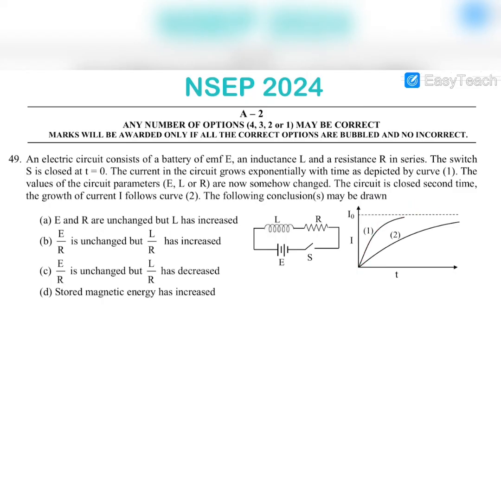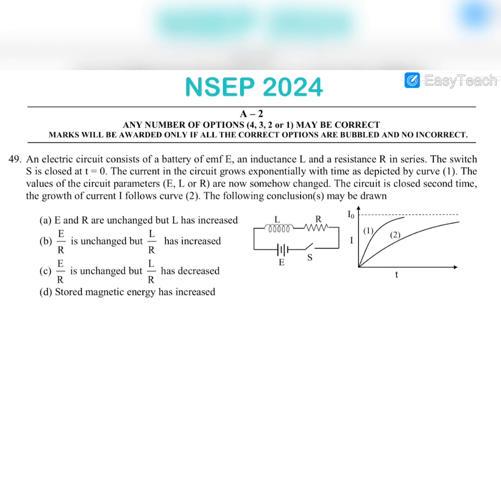Now the values of parameters E, L and R can somehow be changed, and the circuit is closed again for the second time after discharging this inductor, and the second graph is like that. So we have to choose the possible options which can be correct for this situation.